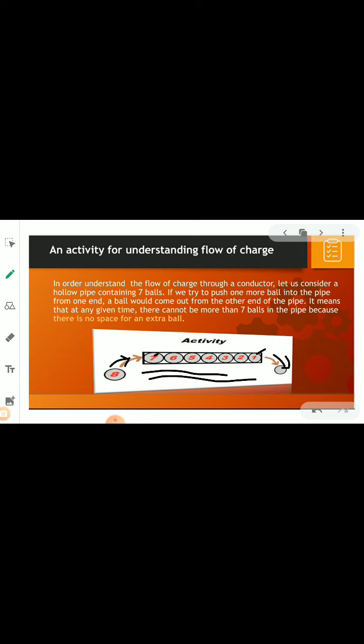So if one ball enters from this side, it is going to exit. The same concept is followed in a conductor.